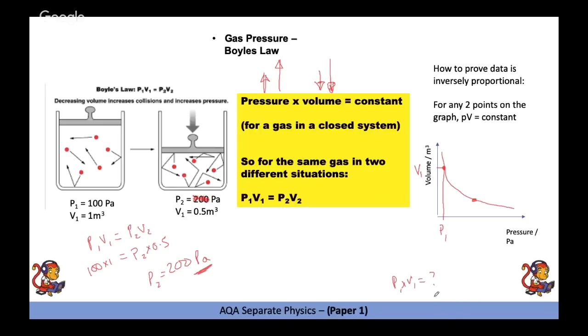And then to prove that this is an inversely proportional relationship, pick another point on the graph, and that can be your P2 V2, and P2 times V2 should equal that same number. Okay, that's how to prove that it's inversely proportional.